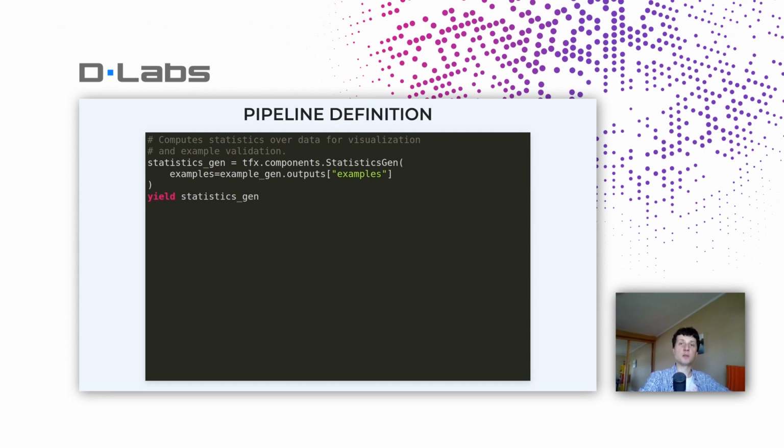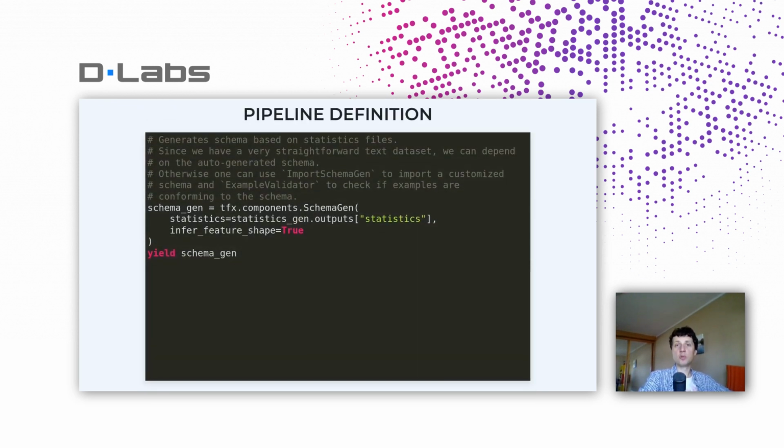And you can see here that we see for the first time how the components are connected together. The input to the statistics gen example parameter is the output from the example gen component. And this is how we are connecting the components together in TFX. Outputs from one component become inputs to a different component.